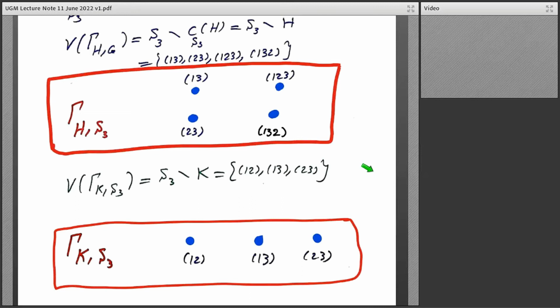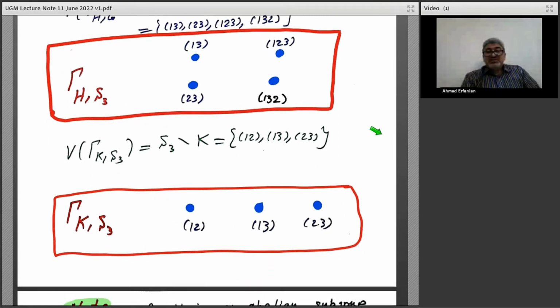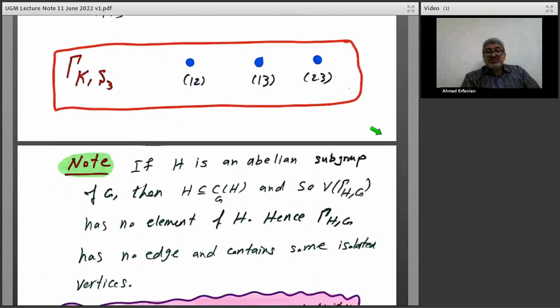For subgroup K, we have also the same structure. So subgroup K has 3 elements, and the centralizer of K in S3 is equal to K. So the vertex set of the relative non-commuting graph of K in S3 consists of 3 elements, (1 2), (1 3), and (2 3).